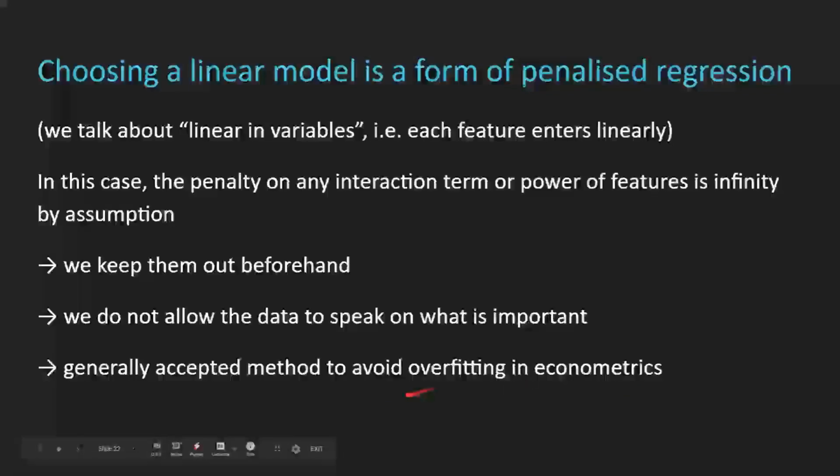In economics papers, one usually has to defend if one uses a higher nonlinear functional form, so with features of higher order. But one does not have to defend quite often why a linear model is appropriate.